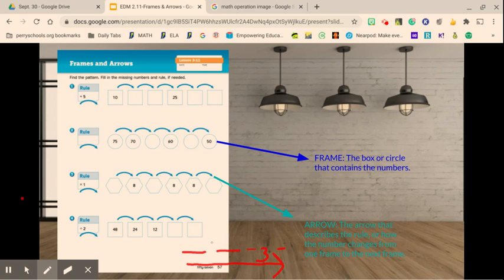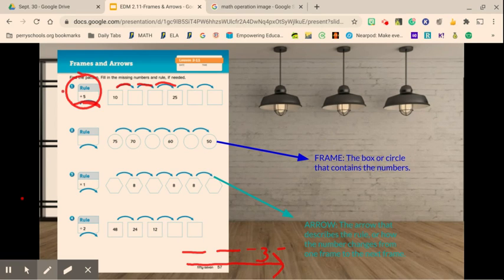The arrows, we've got arrows across the top, and then you have the arrow right here. The arrow describes the rule. We find our rule in our box on the left side, and the arrow is telling us how the number changes from one frame to the next frame.